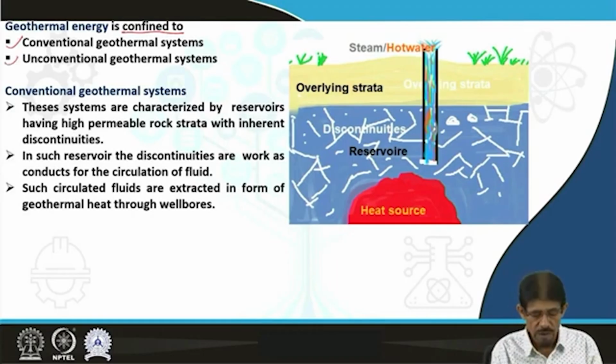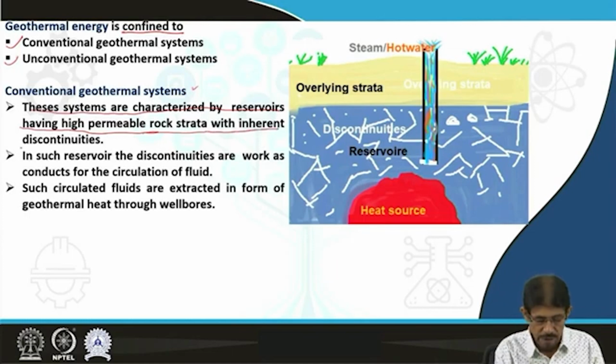As far as geothermal energy is concerned, this energy is confined to the conventional geothermal system and the unconventional geothermal system. In the conventional geothermal system, you can see in this figure along with these descriptions, these systems are characterized by a reservoir having highly permeable rock strata with inherent discontinuity.